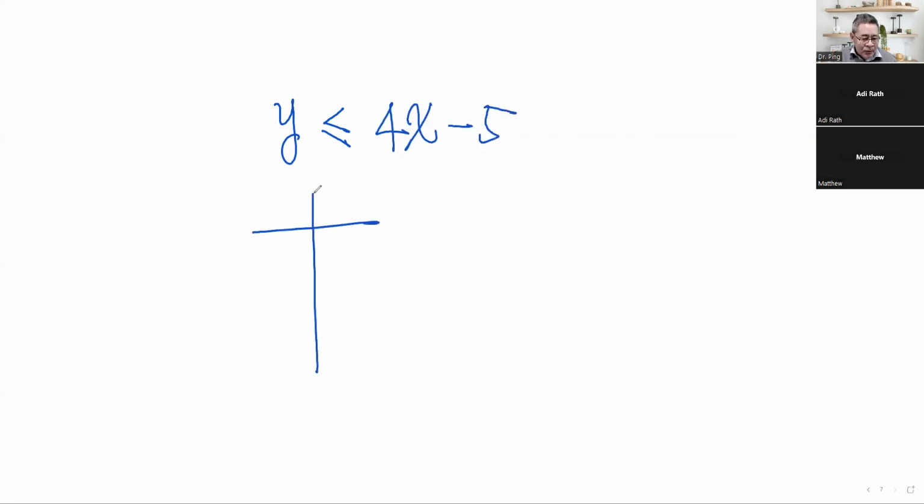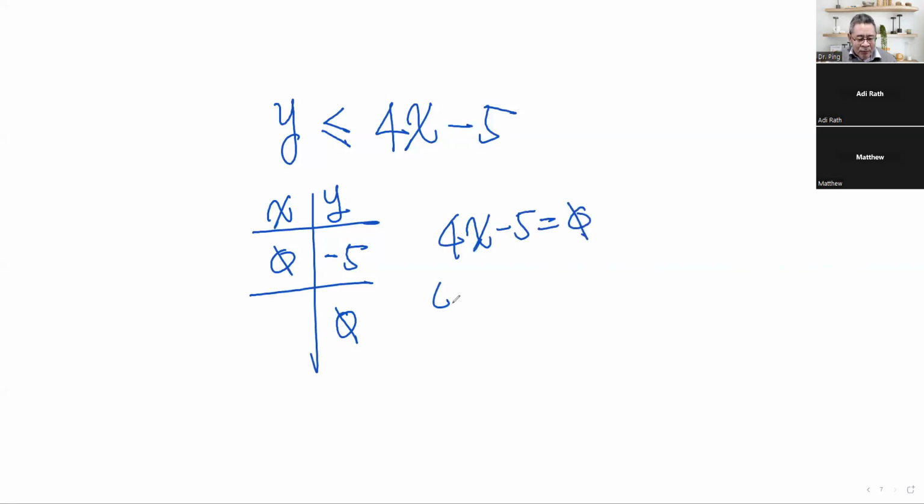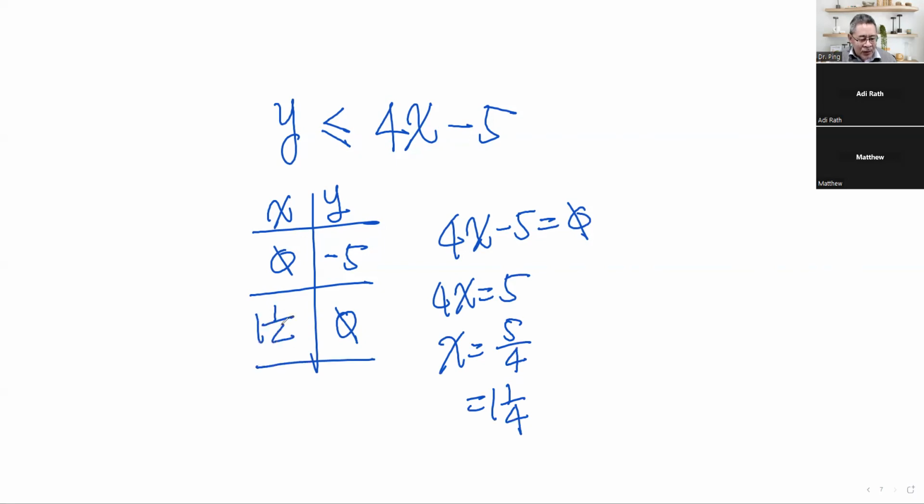Okay, so we do x and y, and we get 0 here, negative 5. And I can say if y is 0, then 4x minus 5 is 0, then 4x is 5, then x is 5/4, which is 1 and 1/4. So we get 1 and 1/4 here.